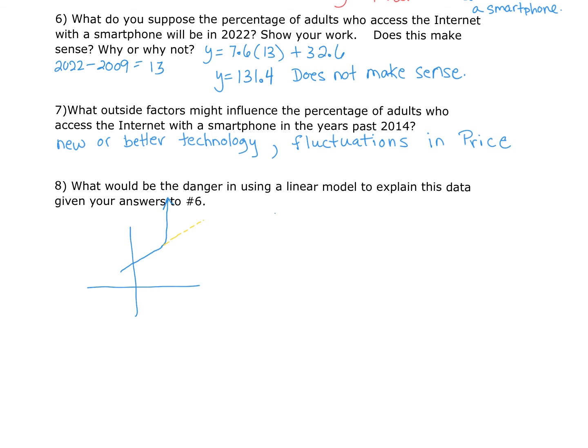By the same token, if prices get so expensive and we are increasing for a while, we then might flatten out. And in that case, our line might overestimate. So we may either under or overestimate if we go too far past our data set.